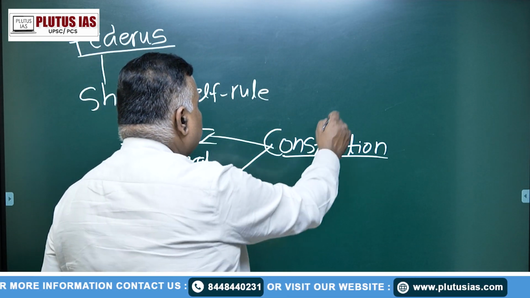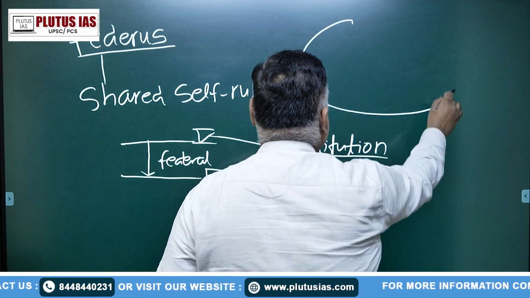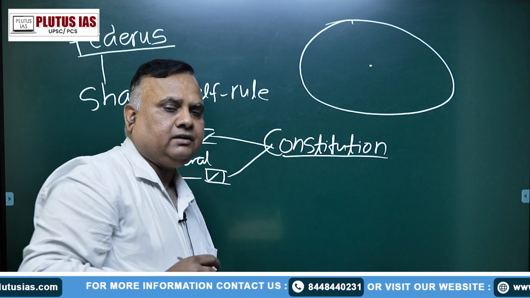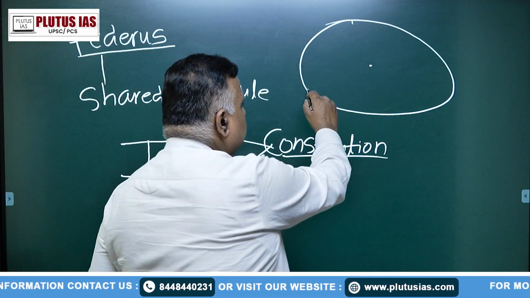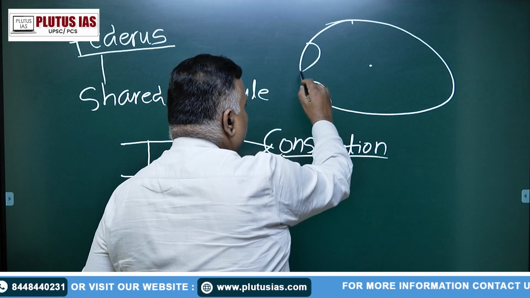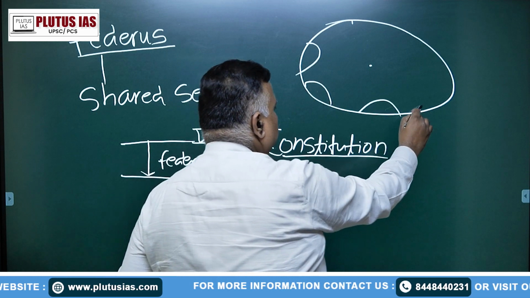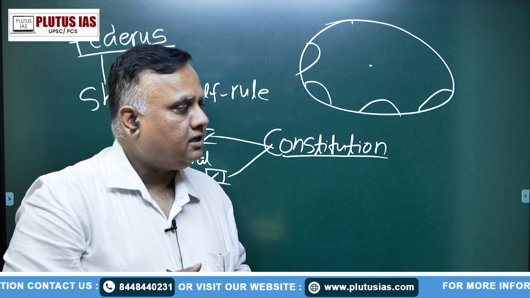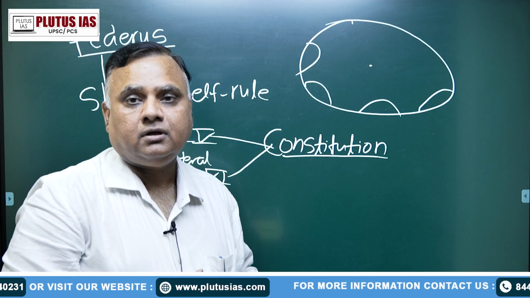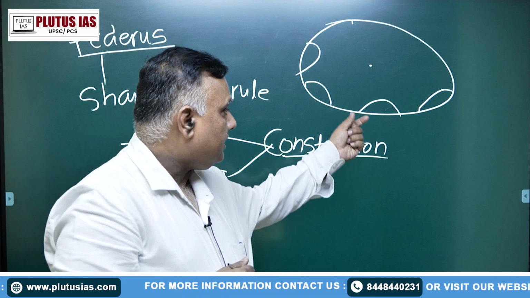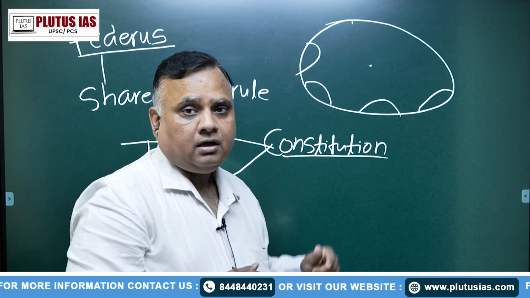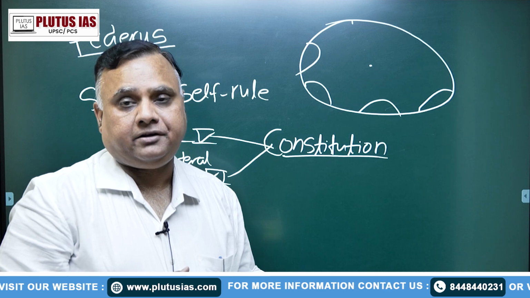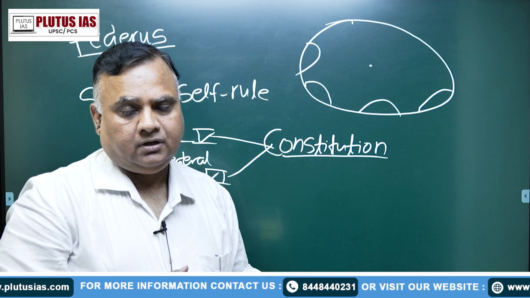Because in large countries, if the powers are centralized at the central government, the regional aspirations of self-rule would be neglected. As in large countries with huge diversity, the regional aspirations should not be suppressed at the whims and will of the center. Center should not dictate to the states.